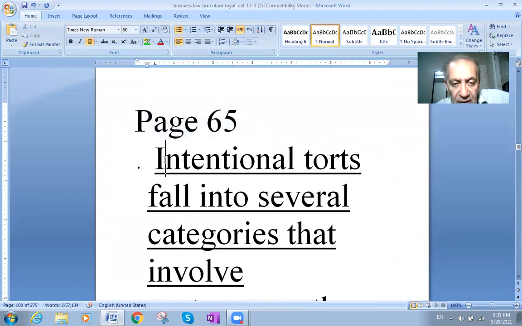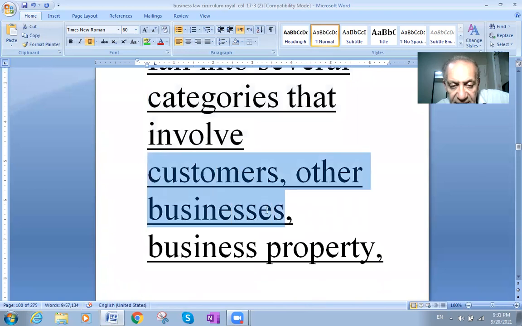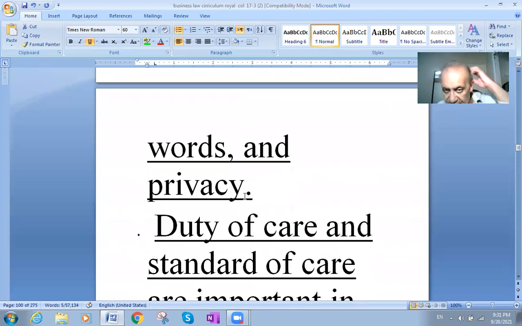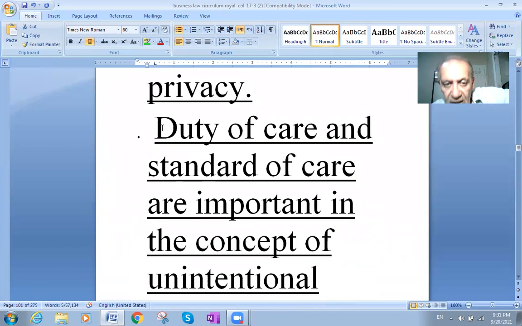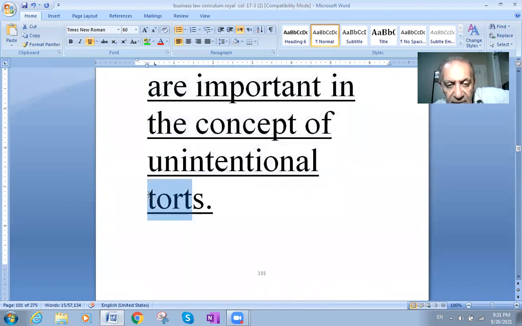Intentional torts fall into several categories that involve customers, other businesses, and business properties, such as wrongs and privacy. The duty of care and standard of care are important in the concept of unintentional torts, because if you have a duty of care, then there will not be unintentional torts.